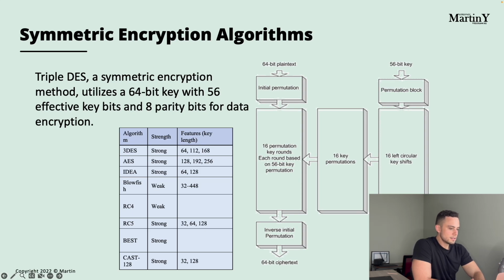If the key is 56 bits, this means that somebody can just try different combinations of those 56 bits and guess the key at some point, right? This is also possible. So for this reason, even this type of algorithm, of course, is not that secure.